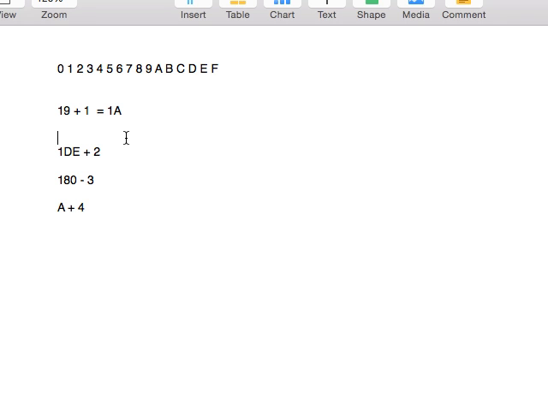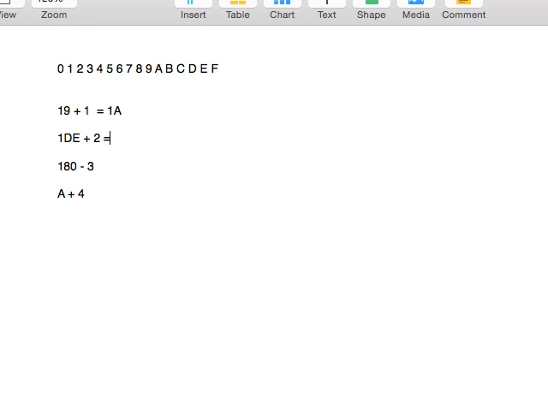All right, so 1DE plus 2. If we're sitting at E and we add 2, we go to F, and then we have to go back to 0. Just like if you go past 9 in decimal addition, you have to carry a number. So F plus 1 is going to be 10. We went E, added 1, got F. We add another and we get 0, and we carry a 1 to the second column.